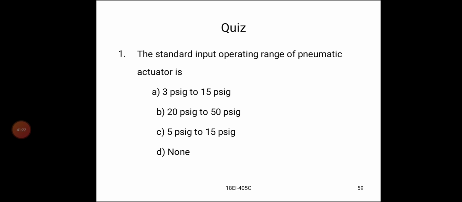The standard input operating range of the pneumatic actuator is 3 psig to 15 psig, so A is the correct answer. That is pounds per square inch gauge pressure, in the range of 3 to 15 psig.